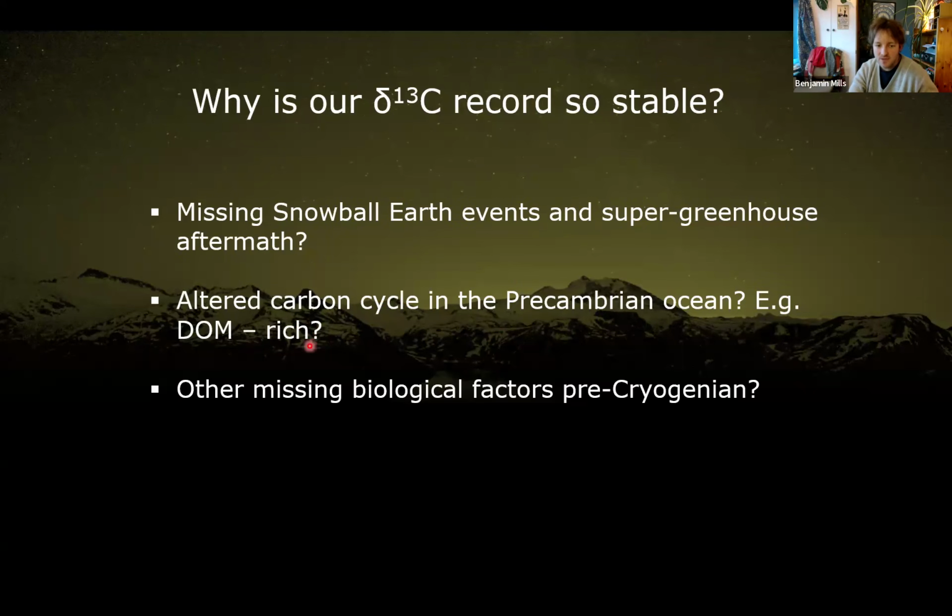The carbon cycle may be fundamentally different in the Precambrian, so this idea of much more dissolved organic matter, in an oceanic soup before we oxygenate the deep ocean. Could that have changed the model behavior? Again, something we can potentially look at. And then missing biological factors pre-Cryogenian. I haven't mentioned at all what existed on the land surface before plants.